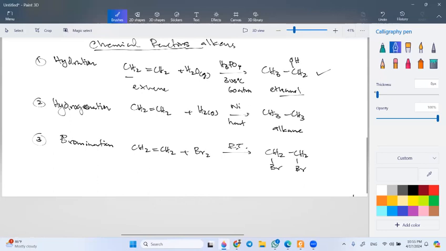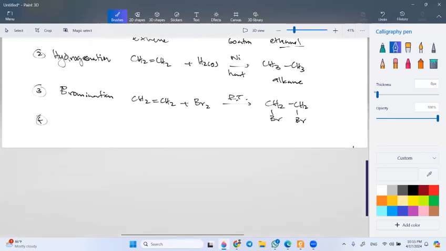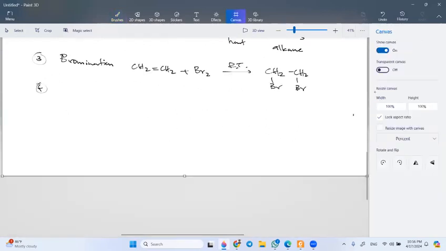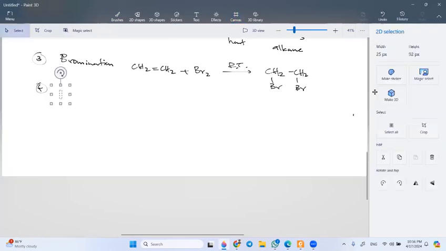Next one, we can add hydrogen halides, right? Adding hydrogen halides. Fourth one. Addition of hydrogen halides.